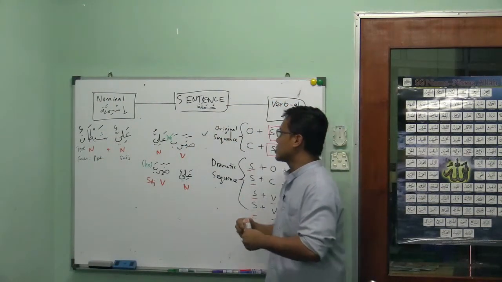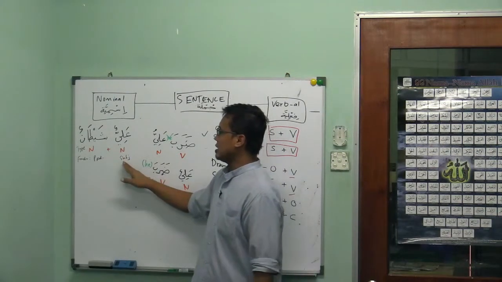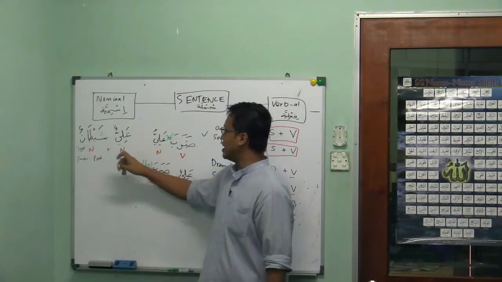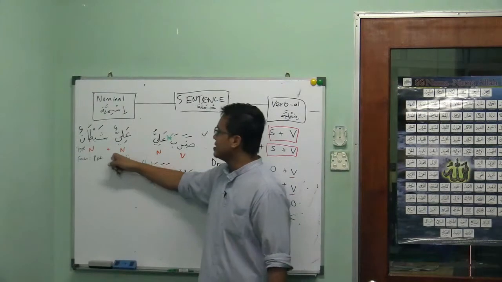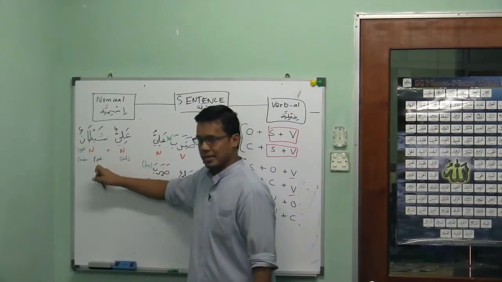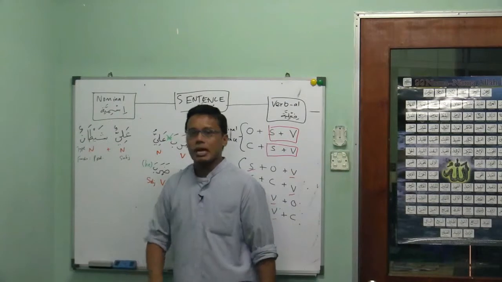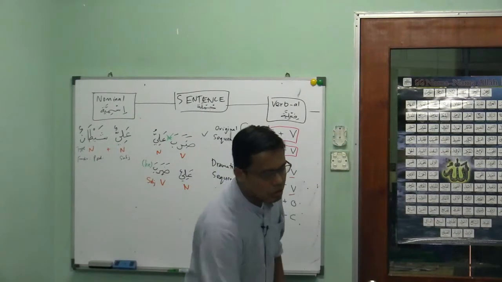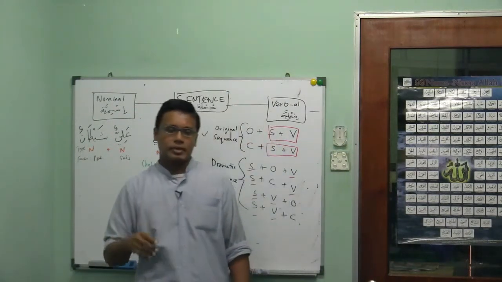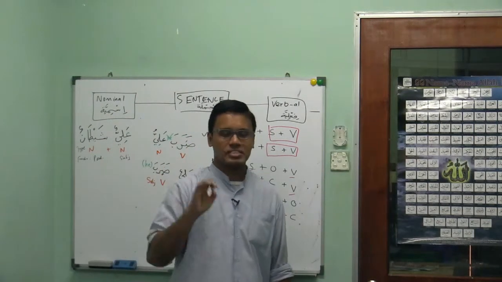So, Ali is a devil. Ali is subject, the devil is predicate. So I want you to identify subject and predicate for this sentence.